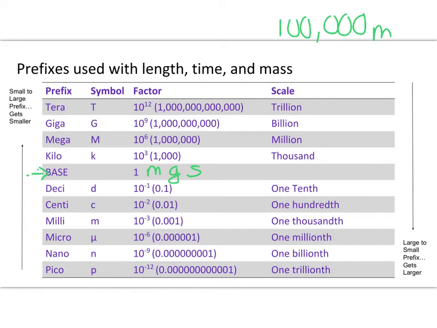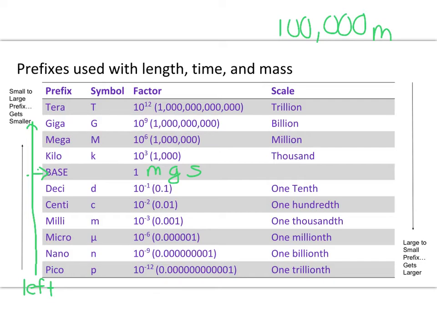So, how can we actually use this table? First, if we look at the left side, I'm going from a small unit, maybe from pico to nano, and I'm going to a larger prefix. So here, I'm going to be moving my decimal point to the left. My number is going to look like it's getting smaller.